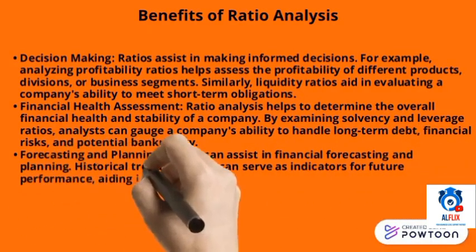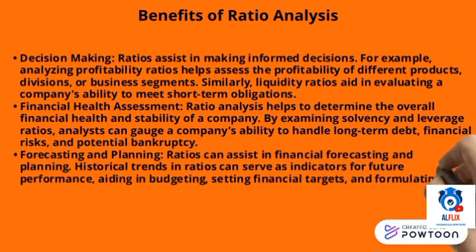By examining solvency and leverage ratios, analysts can gauge a company's ability to handle long term debt, financial risks, and potential bankruptcy. Forecasting and planning. Ratios can assist in financial forecasting and planning. Historical trends in ratios can serve as indicators for future performance, aiding in budgeting, setting financial targets, and formulating strategies.